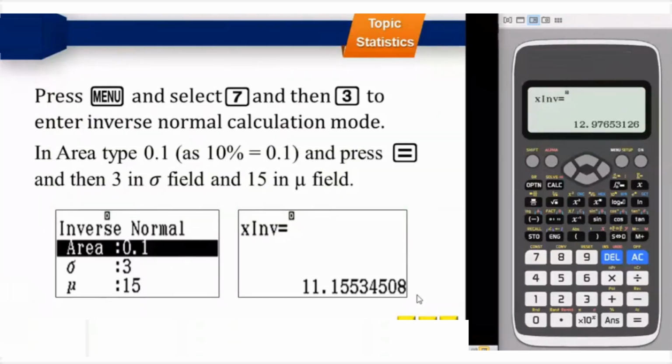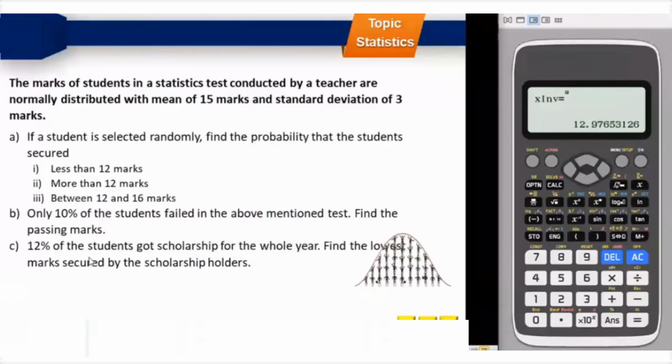So the last part of the question is, 12% of the students got the scholarship for the whole year. Find the lowest mark secured by the scholarship holders. If 12% students got the scholarship, it's very obvious those 12% will be the best 12%. So out of 100, how many did not qualify for the scholarship?